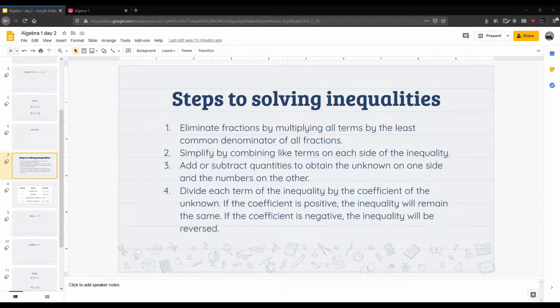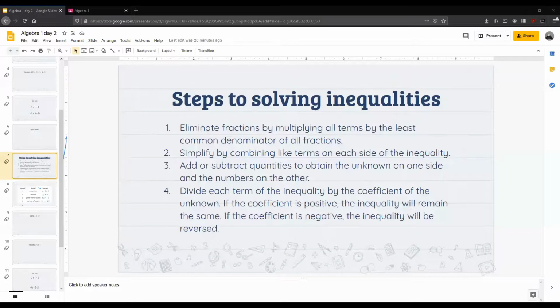Then we would combine to simplify terms, and then add or subtract to obtain the unknown on one side and the number on the other, and then divide each side of the inequality. Sounds simple.